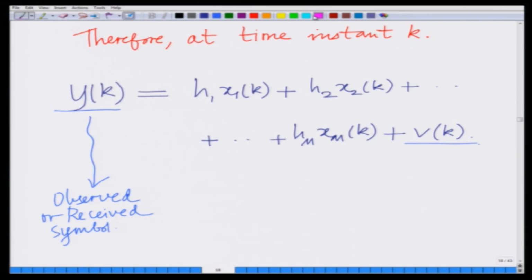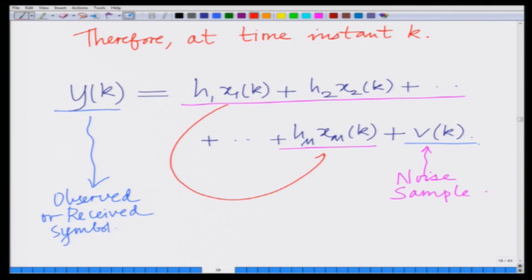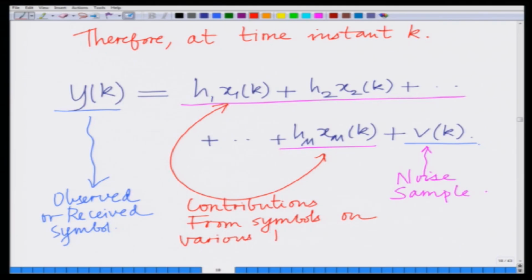Vk is basically your noise sample, and this quantity here is basically the contributions from the various transmit antennas, contributions from symbols transmitted on the various transmit antennas.